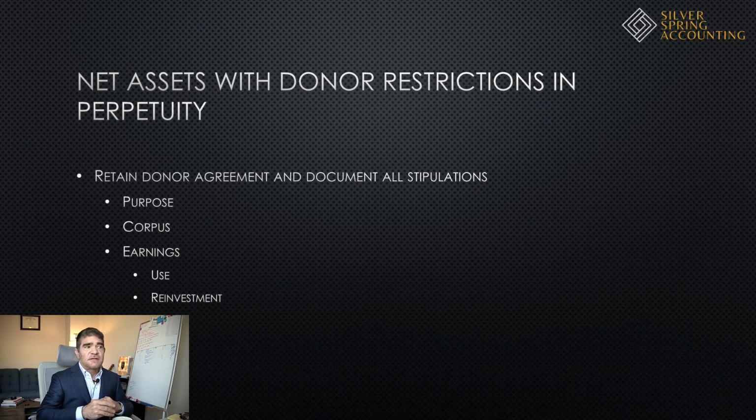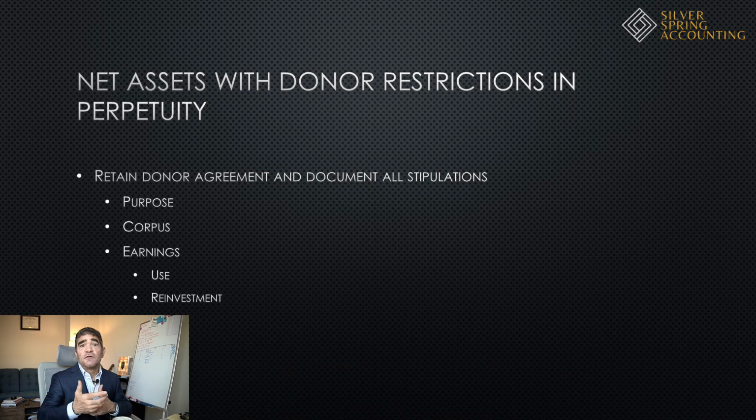Generally, the earnings made can be expected to be used for the specified purpose, and your agreement should stipulate if you have to reinvest any of that into the corpus. So when you get earnings, if they're for a specific purpose, you would record those into temporarily restricted net assets, because they are still restricted for that purpose until you have spent them on that purpose.